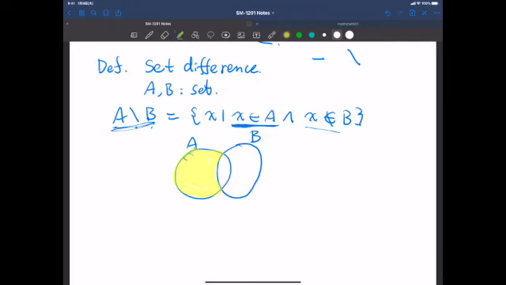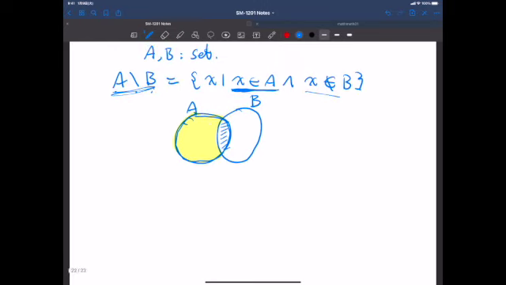So you first take A and remove the elements that belong to B. Okay, remove this part, and that is the set difference.